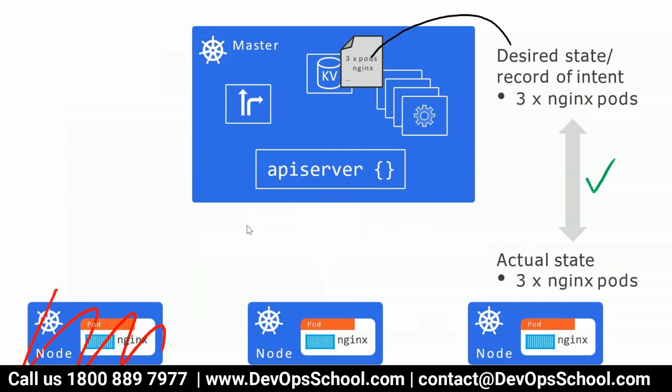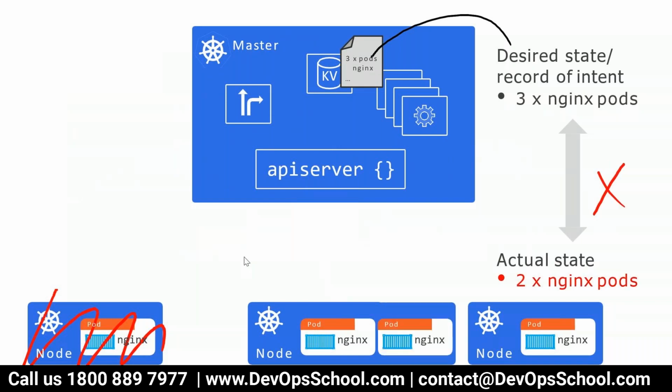So now the controller manager will get this information from the worker and say, "Hey, we got only two. Hey API server, we got only two pods of Nginx." The API server will query the etcd and say, hey, it was 3 pods. Desire was 3 pods. How come we got 2 pods? That's not good. So let me instruct the scheduler one more time to replace one extra pod, which was the desire.